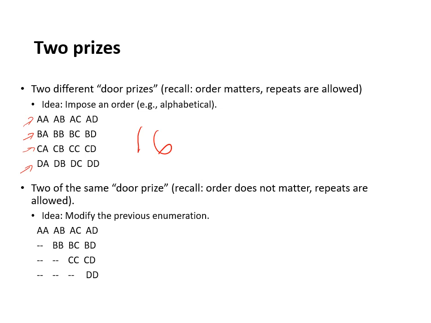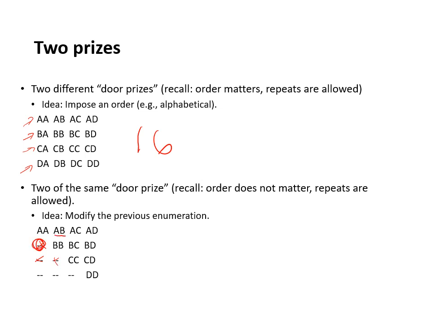Now, what if the door prizes are the same? That means that we're in a situation where the order does not matter and repeats are allowed. What is the idea here? Well, we can simply modify the previous enumeration by excluding the ones where the winners are the same. So we have AB here.